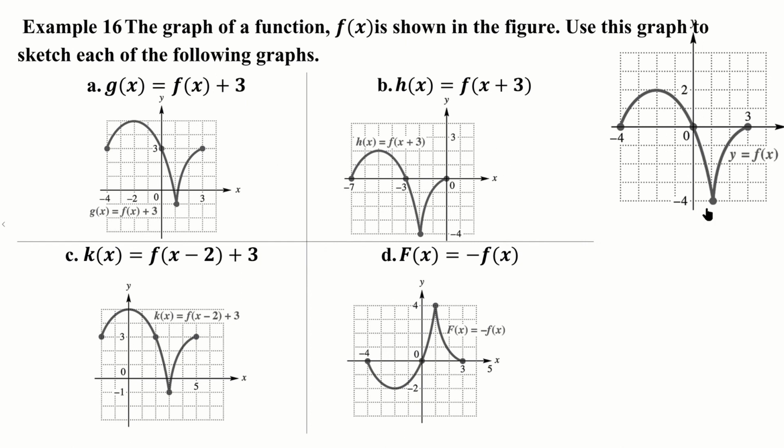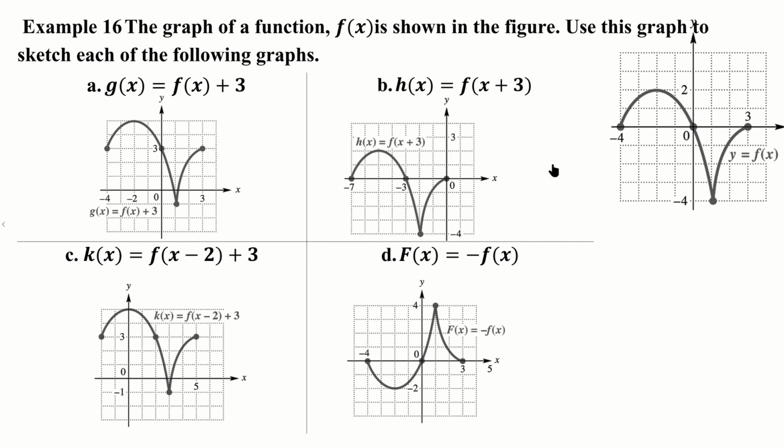So here, this point here was at -4, so when you move it up 3 units, should go up to what? -1. This point here will move up to 3, and just like that, see? This point here will go up 3 units, right? And this point here will also go up 3 units, and that's what happened with this one.